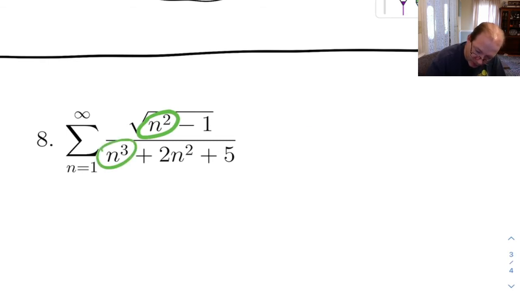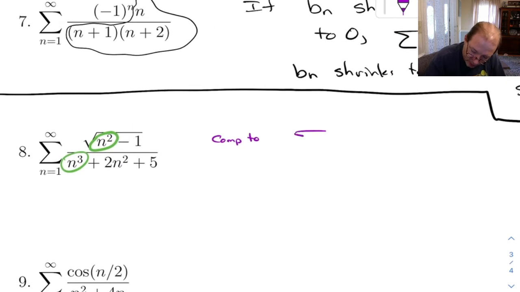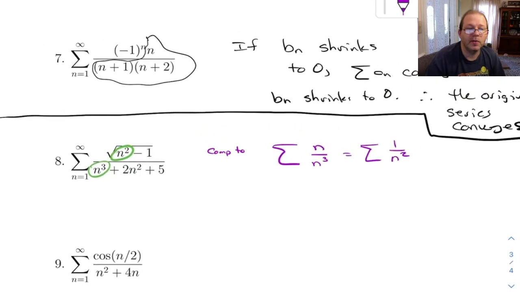So let's look at what to compare it to. Up top, that dominant term gives us just an n, and on the bottom we've got n cubed. So this is the same thing as 1 over n squared, and the sum of 1 over n squared, we know this converges. It converges because it's a p series and p is equal to 2, which is greater than 1.